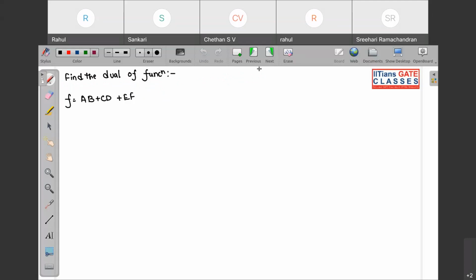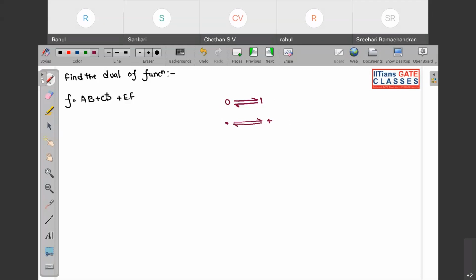By dual of a function, we mean basically wherever in a function we see 0, we replace it with 1, and whenever we see a 1 in a function, we replace it with a 0. And whenever we see AND, we replace it with OR, and we replace OR with AND.